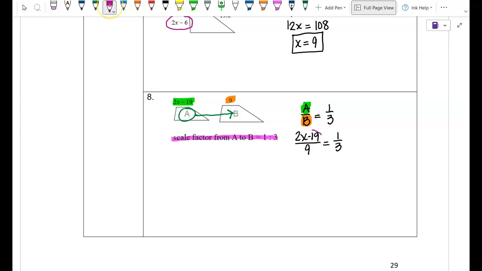So start with 3 times the quantity 2x minus 19. And equal that to my other diagonal of 9 times 1. And again, because I have an expression on the left, I have to make sure and distribute.